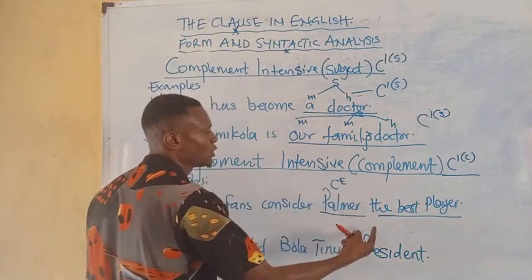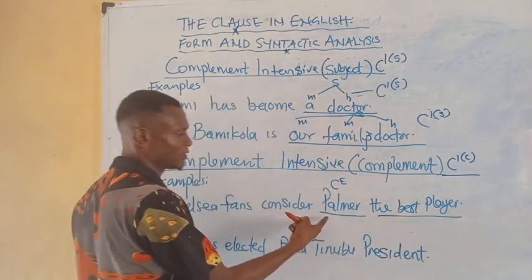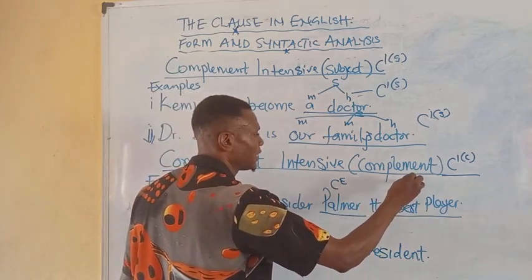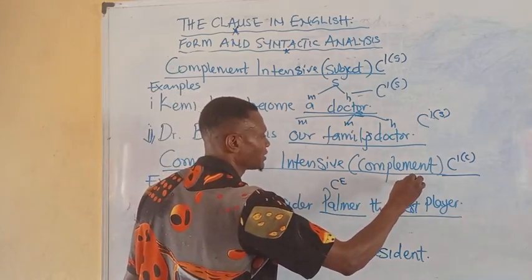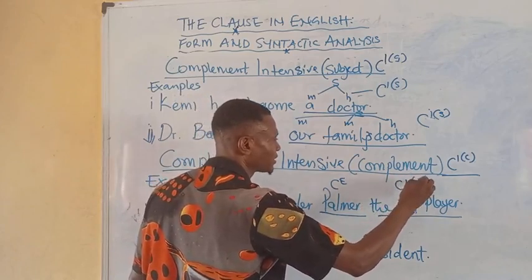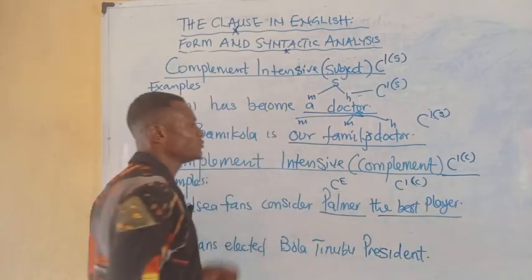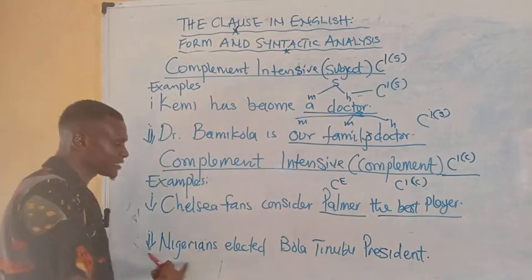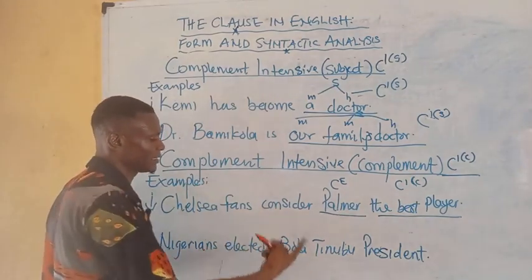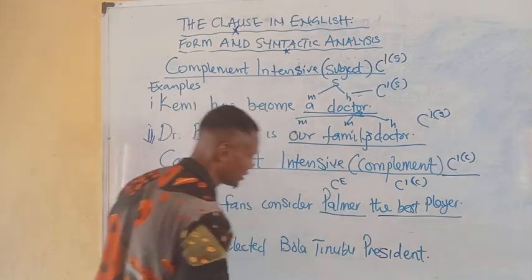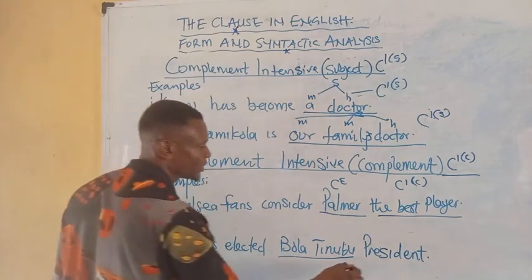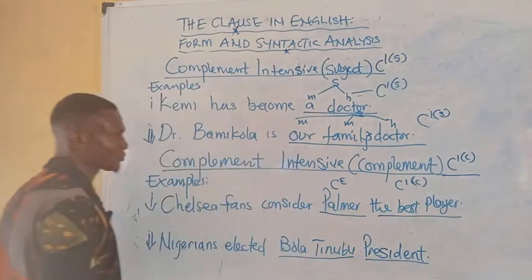So let's consider it now. Who is the best player? That is Palmer. So this one will be complement intensive complement. The last one here: Nigerians elected Bola Tinubu president. Bola Tinubu is complement 1, president is complement 2.